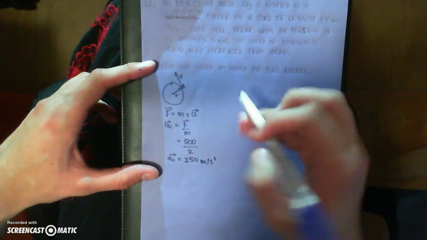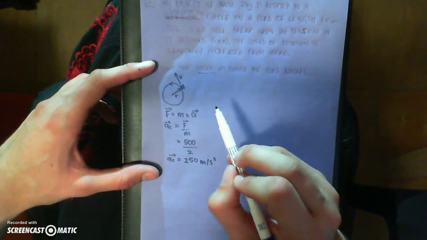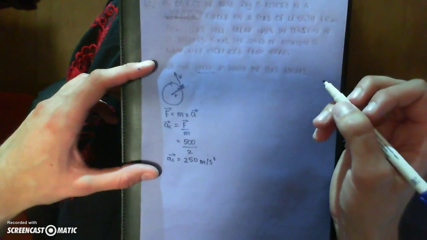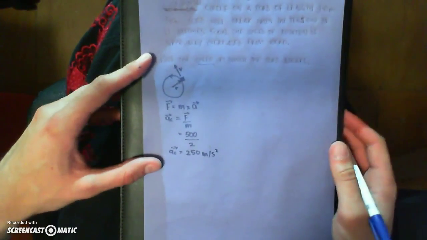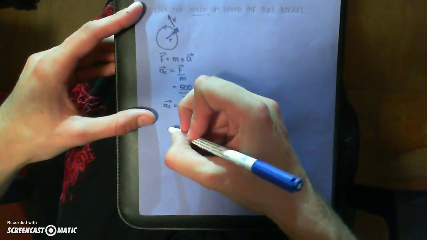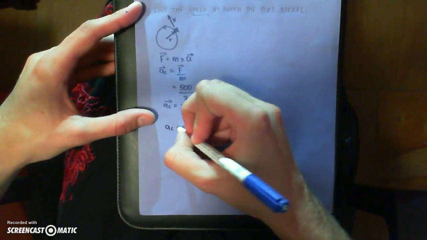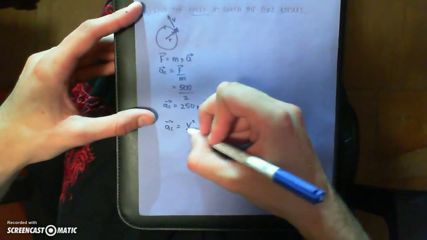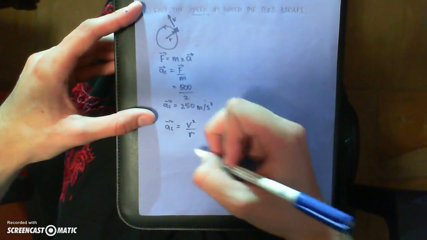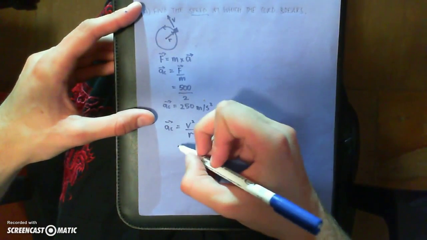Now, what we need to find is the speed. So we can use the formula for uniform circular motion, being acceleration is equal to velocity squared over the radius. And we know those values.